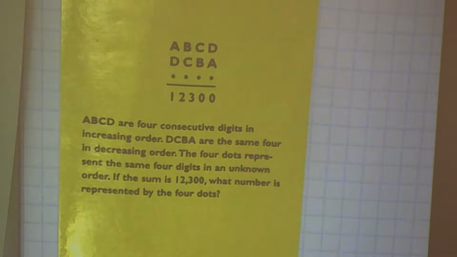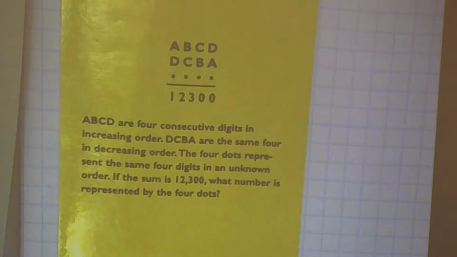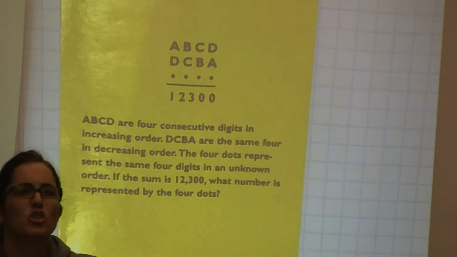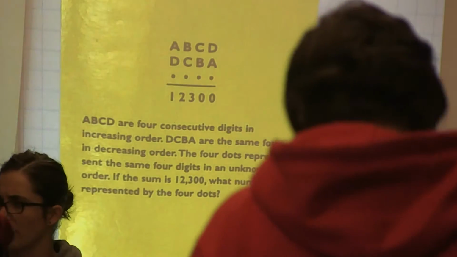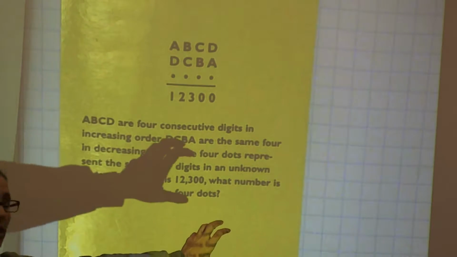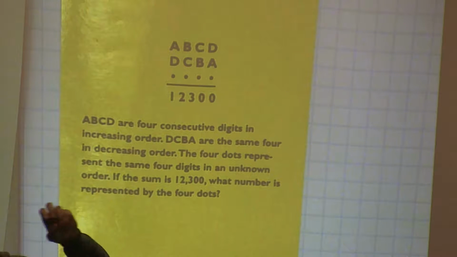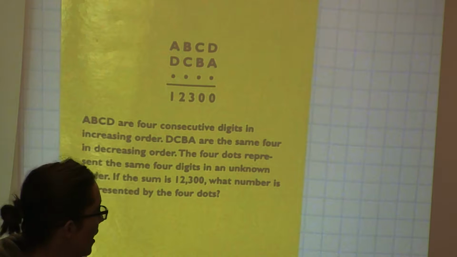What I would recommend you do is first just choose 4 consecutive numbers and then flip them and see if you can figure out what the 4 dots would be so that you get the sum of 12,300.